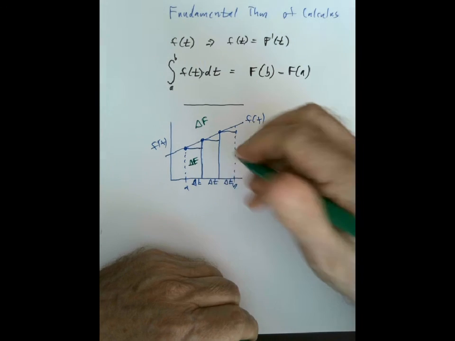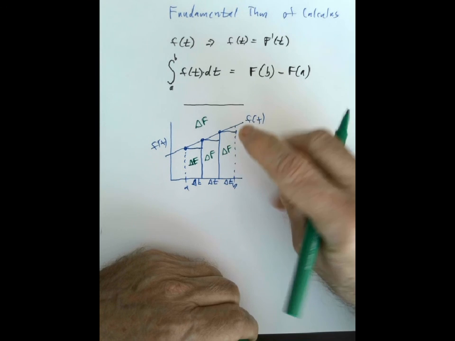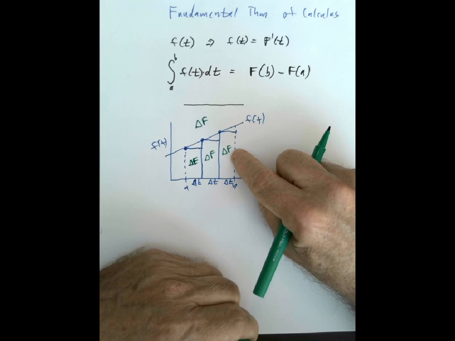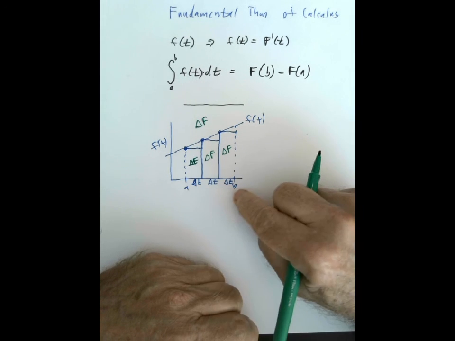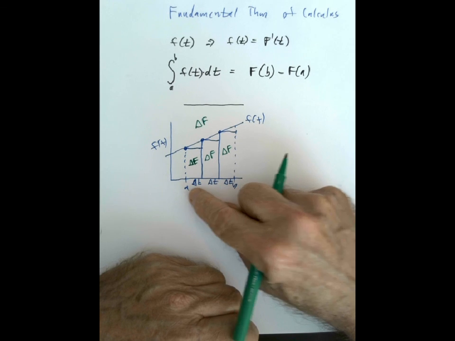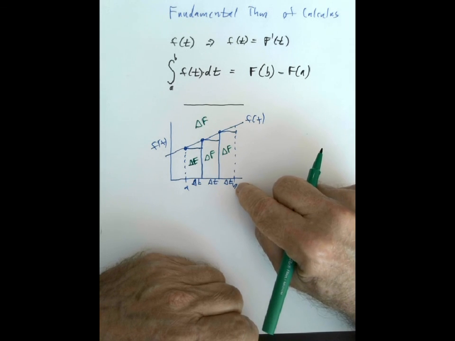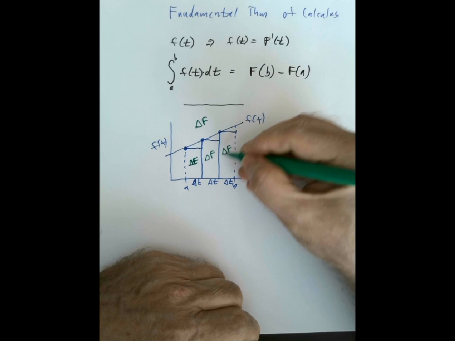And so each of these rectangles represents an increase in the area of the function as our area increases from a low of A up to the highest value B. So each one of those rectangles represents delta f, the area of that rectangle.